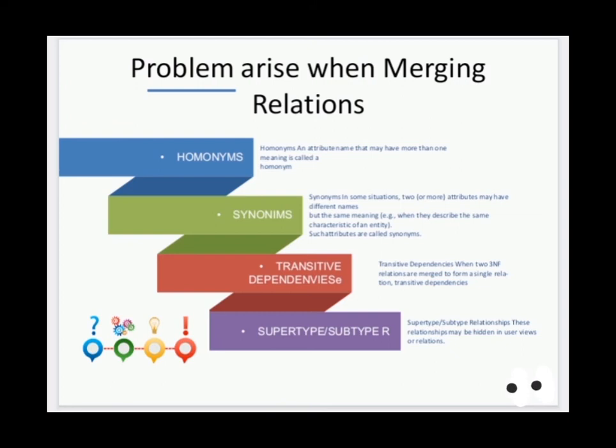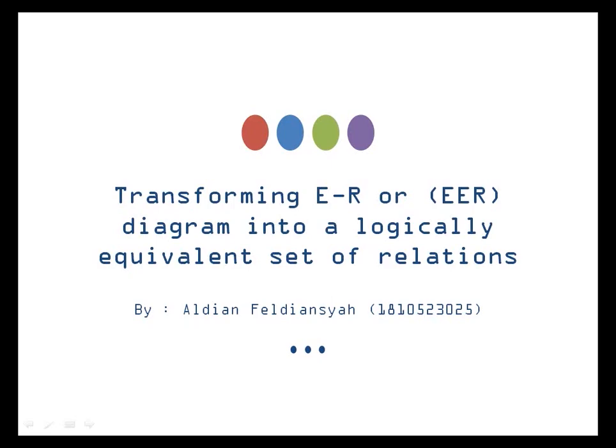So there are 4 problems that arise when merging relations: homonyms, synonyms, transitive dependencies, and supertype or subtype relationships. Okay, that's all from me, and the next learning objective will be delivered by Aldian Feldiansa.